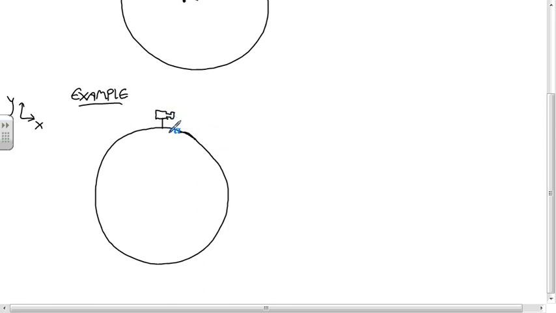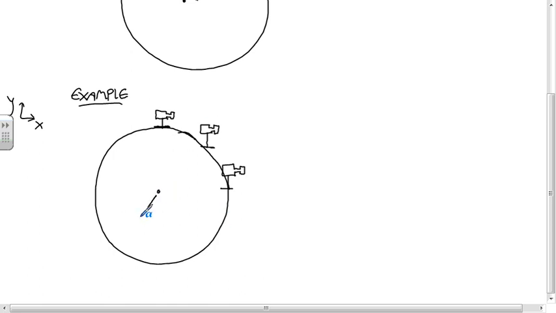As the Ferris wheel rotates around, this camera rotates around. So it's moving in a circular path, but its orientation isn't changing. And that's happening the whole way around.